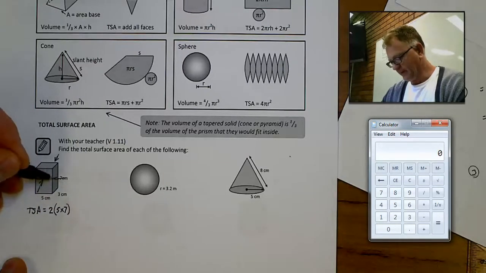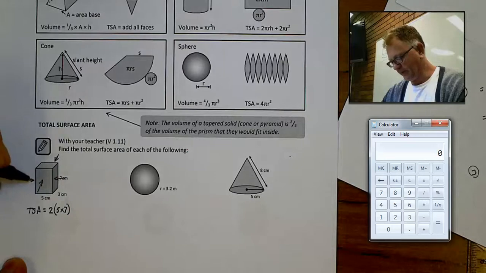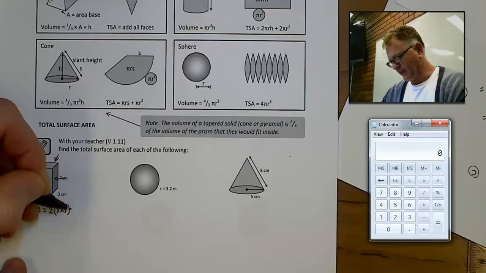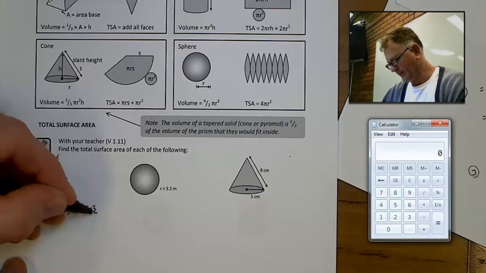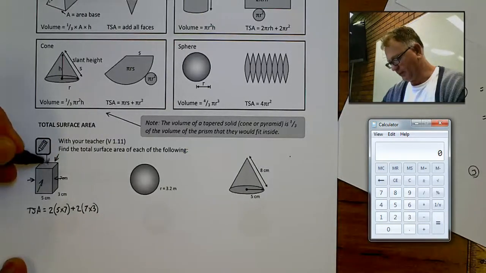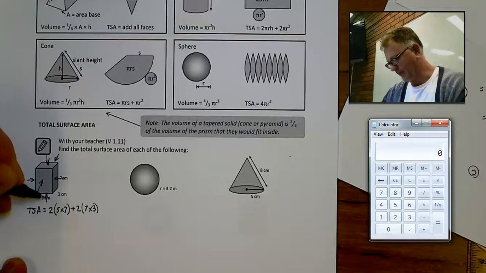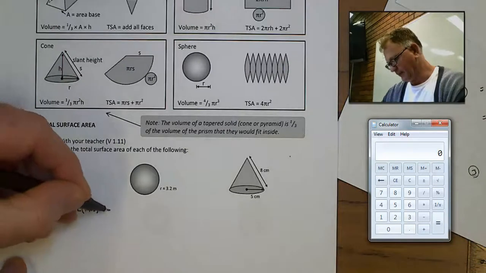These side bits measure 7 by 3, and you've got two of them the same shape. So if I add on two lots of 7 by 3, and then we've got a top and a bottom. Now the top and the bottom measure 5 by 3. So there'll be two lots of 5 by 3.